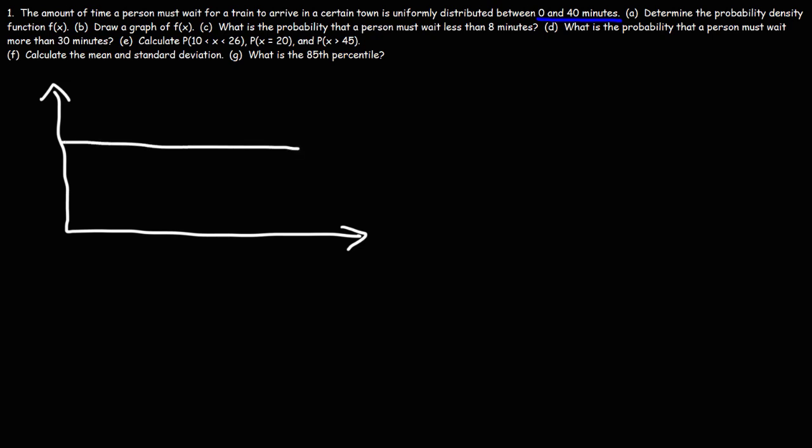So here's our rectangle from 0 to 40. F of x is still the same. Now we want to calculate the area between 10 and 26. So what is the area of that rectangle?